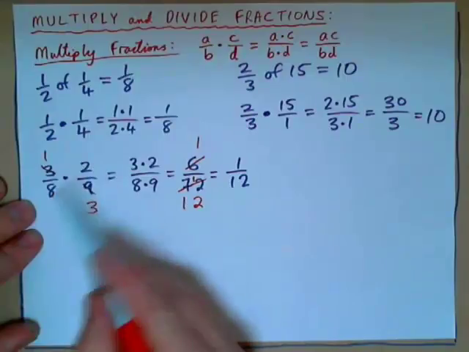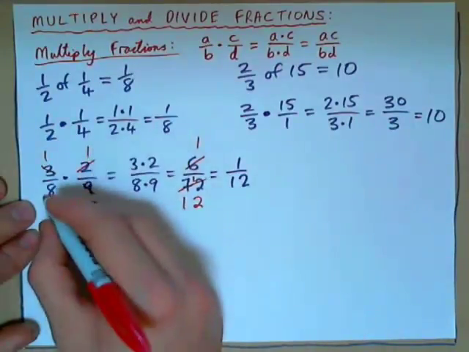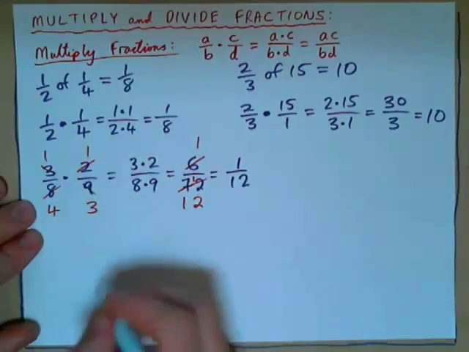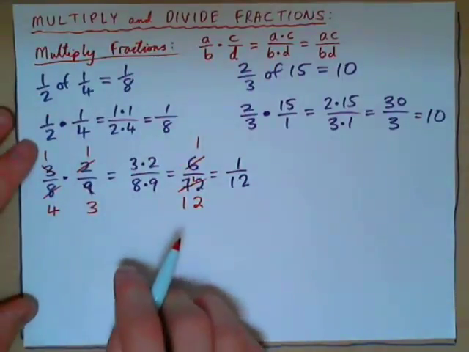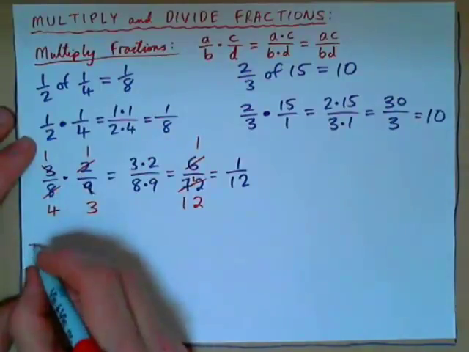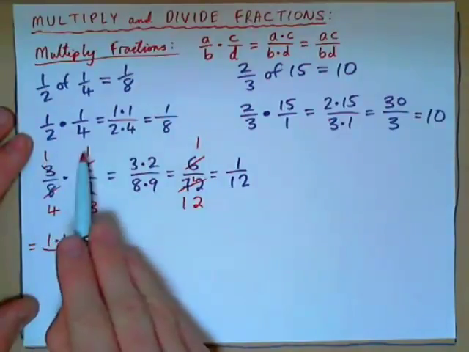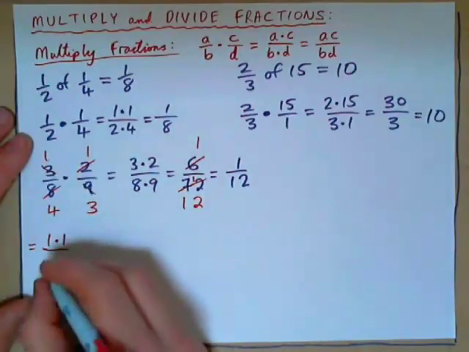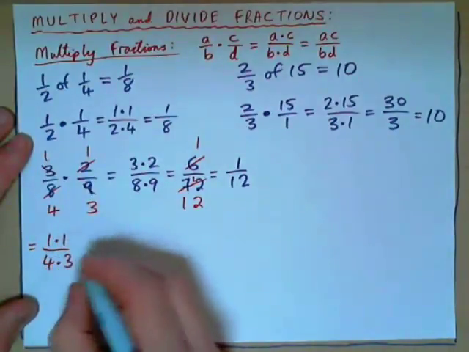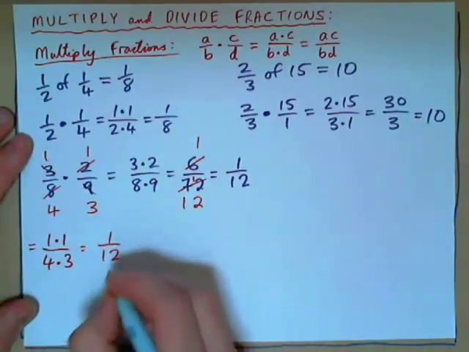They're both multiples of 2. 2 into 2 goes once, 2 into 8 goes 4 times. And so a quicker way to multiply these fractions is first to cross cancel, and now we'll get 1 times 1 over 4 times 3, and that makes 1 over 12.